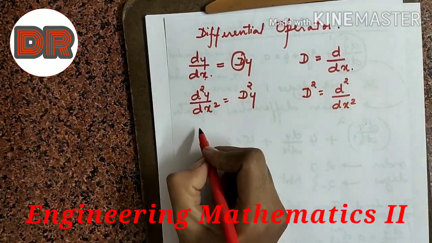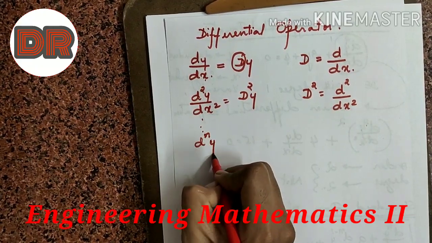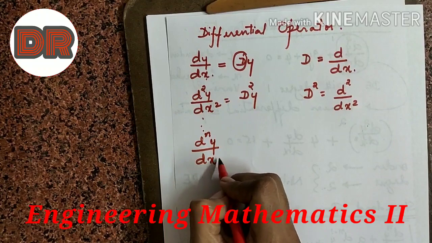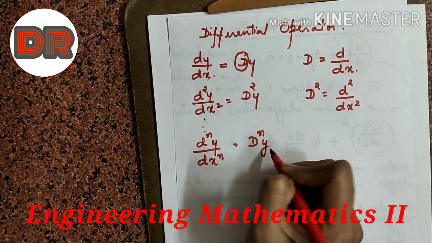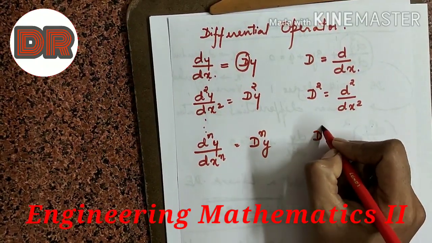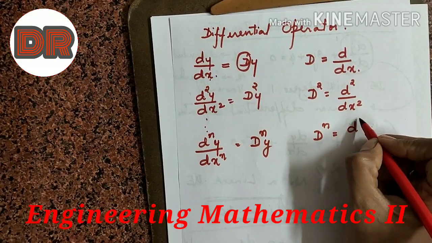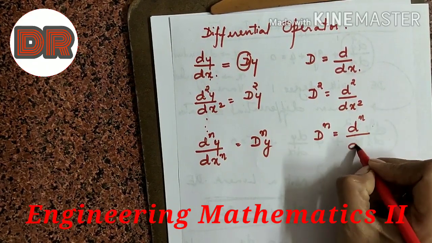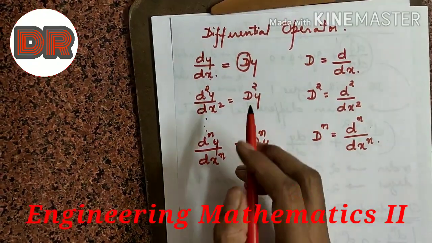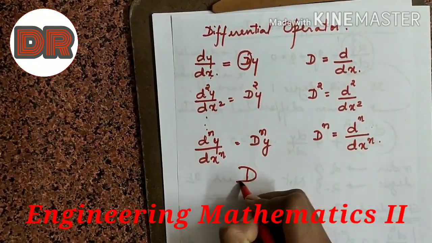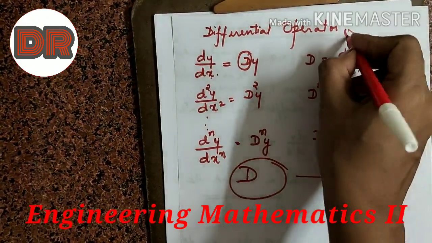Similarly, you can write d^n y by dx^n as D^n y, where D^n is differentiation n times with respect to x. So this is the differential operator. D is a very important term here.